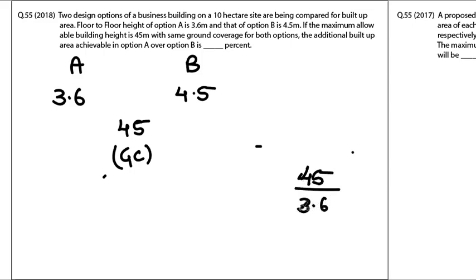So 45 divided by 3.6 gives me 12.5. See, floor cannot be 12.5, so we should consider it as 12. So A option has 12 floors, and for B option it is 45 divided by 4.5, which will give me 10 floors.